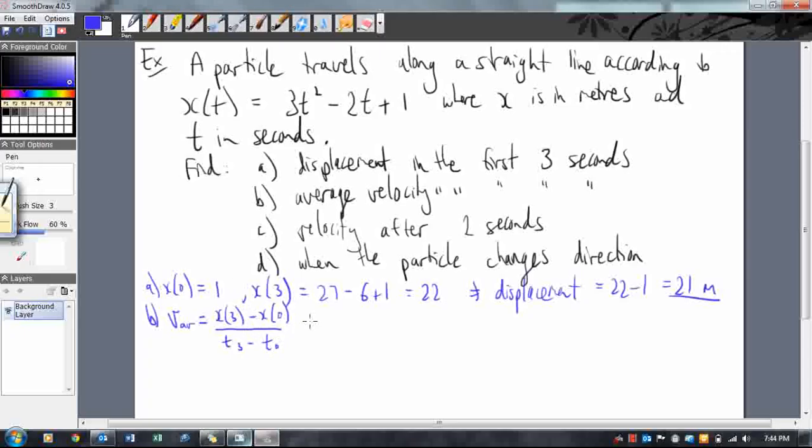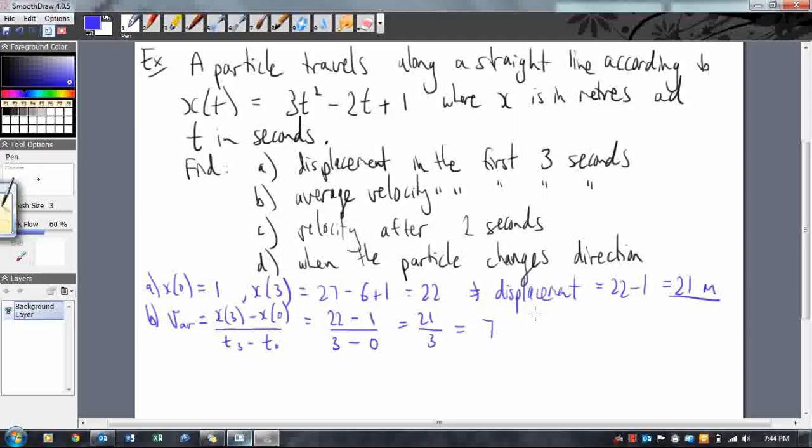In other words, its position after 3 seconds was 22. Its position at the start was 1, over, what's the time after 3 seconds? Well, it's 3 seconds, minus the time at 0 seconds, so it's 0. Okay, so that's equal to 21 over 3 equals 7.